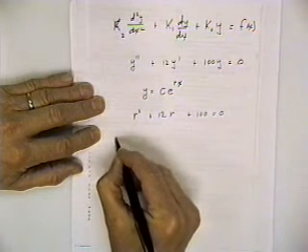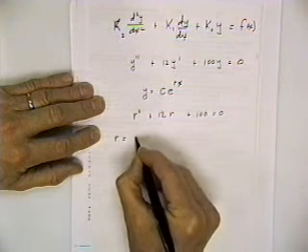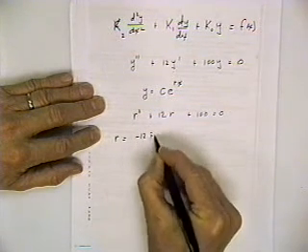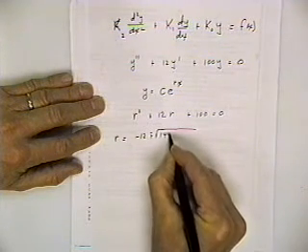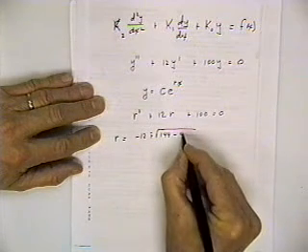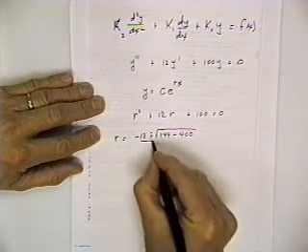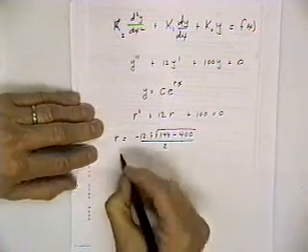We will end up with r equals minus b, minus 12, plus or minus the square root of b squared, 144, minus 4ac, so minus 400, all divided by 2a, a being 1 in this case.